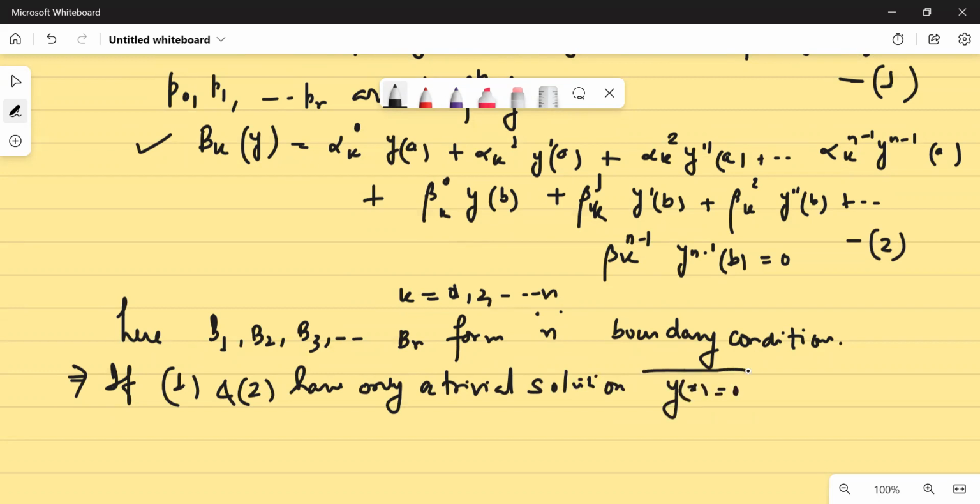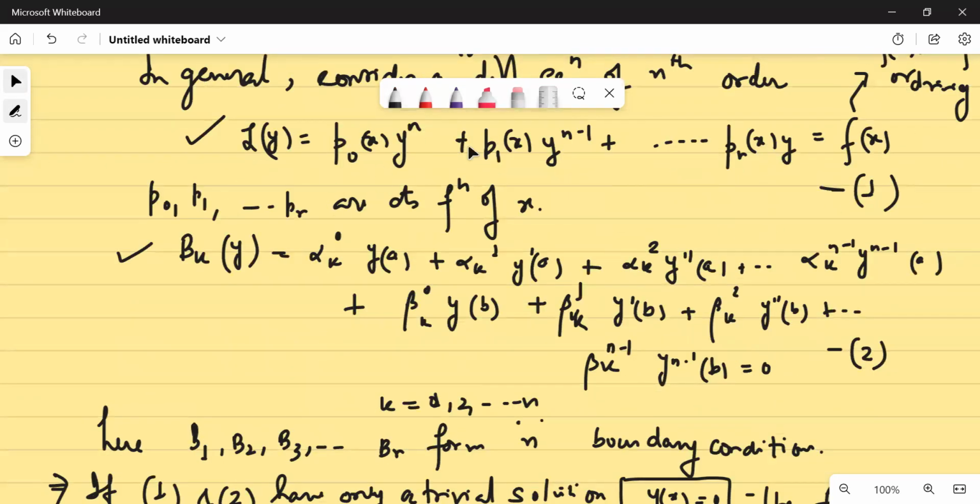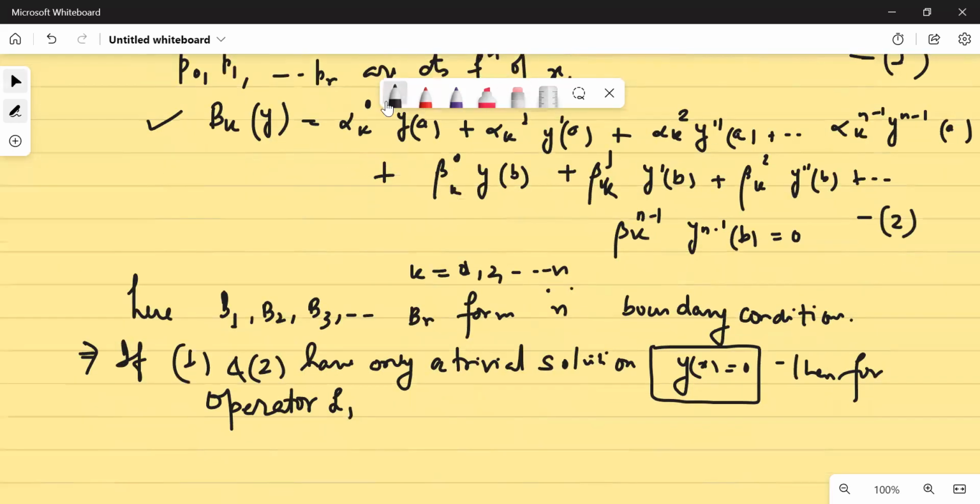So if there is only this solution left, that y(x) has to be 0, if these two conditions are satisfied and it has only one solution, that is y(x) equal to 0, then for your operator L, which is a general nth order linear differential operator, Green's function surely exists.